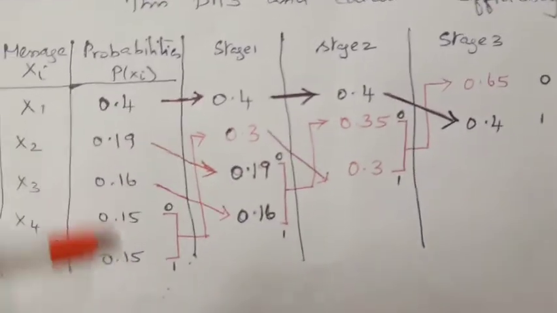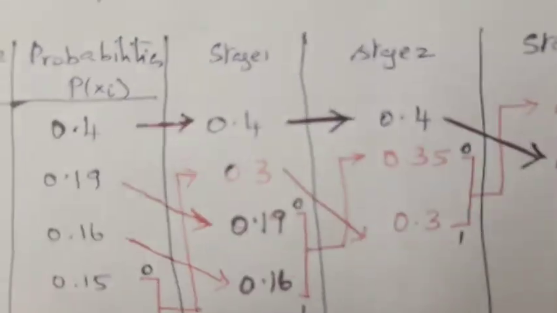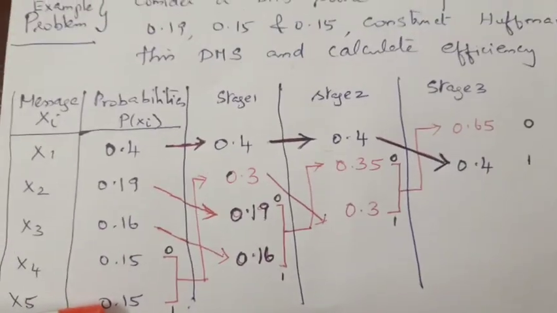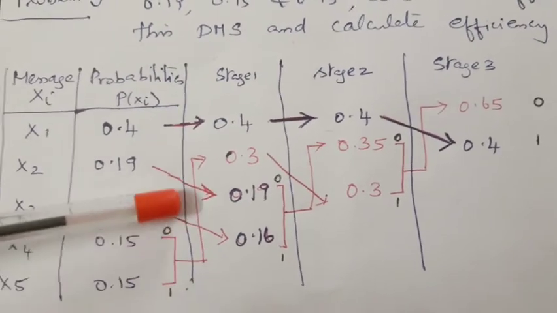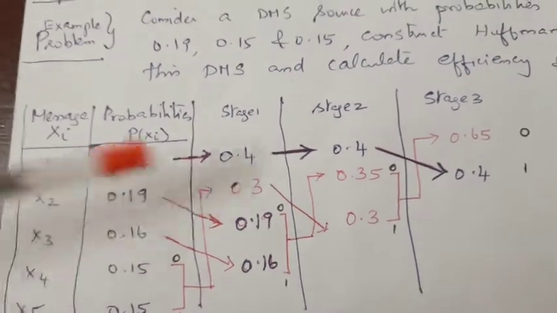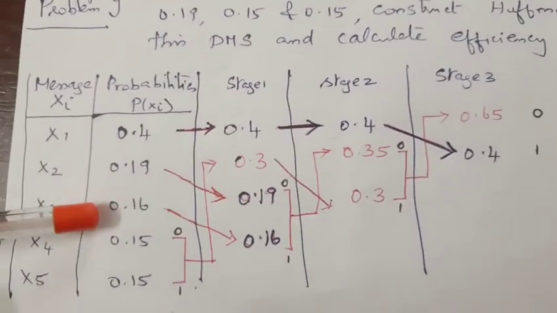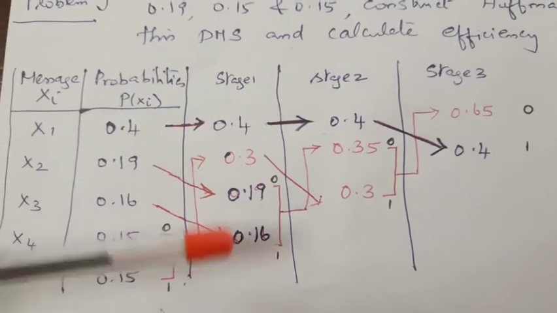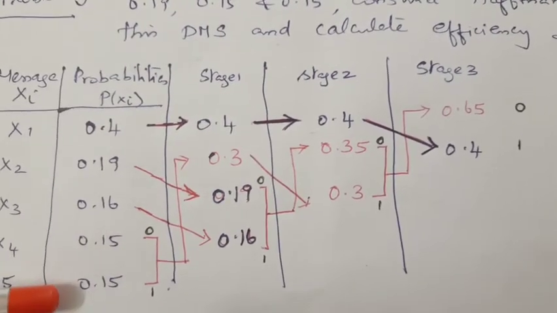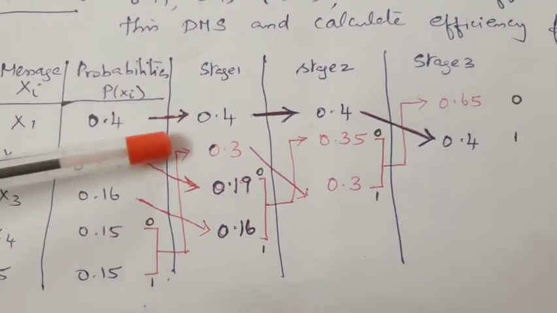So come to step 2: the lower two probabilities are 0.15 and 0.15. Add these two probabilities, you will get 0.3. This 0.3 should be rearranged, so it goes higher in order, but in a decreasing value. So 0.15 and 0.15 added will be moved into 0.3.